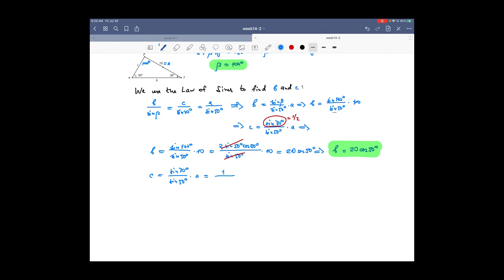That is 1/2 over sine 50 degrees times 10. So that is 5 over sine 50 degrees.